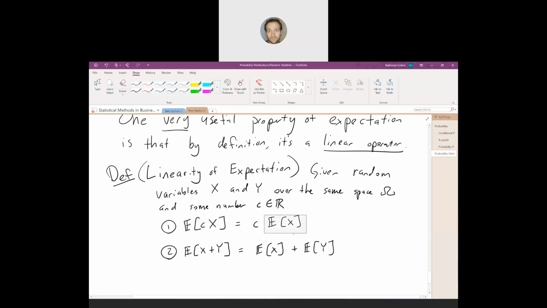So you can calculate the expectation and then scale on the right, or you can first scale and then calculate the expectation. You can do whatever you want because they're the same thing. All right. The other thing is when you add two random variables together, it's the same thing as if you first add them and then calculate the expectation, or if you calculate the expectation for each individually and then add them together.